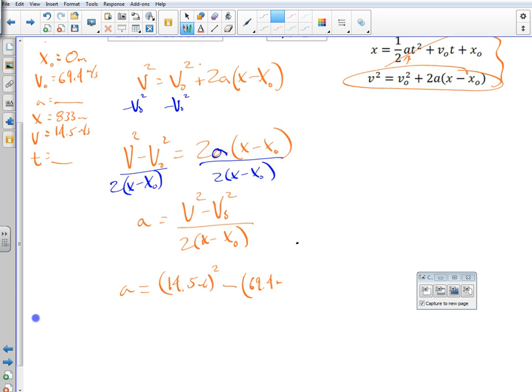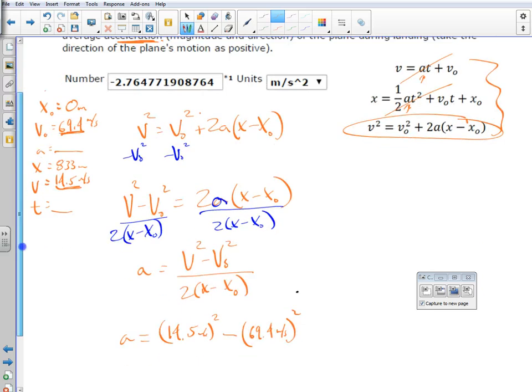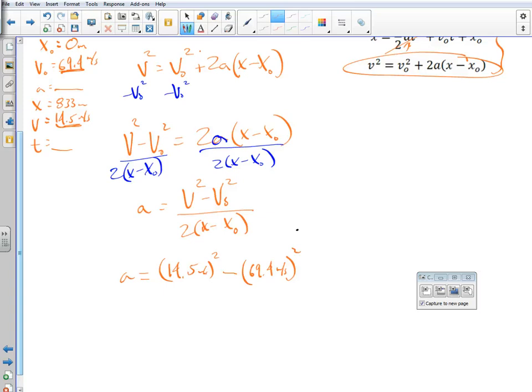Now notice I made the assumption, not a bad assumption because I think northward is what they were going to call positive, that both of our velocities, since they're both northward, are going to be positive. So that's going to lead me to a negative acceleration, I believe. Then 2 times my final x, which was 833, minus my original, which was 0.